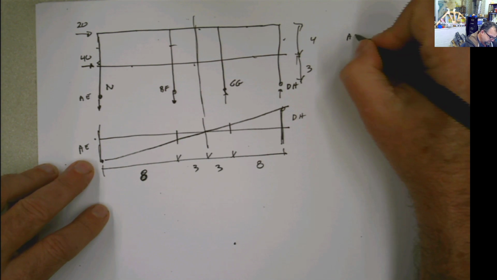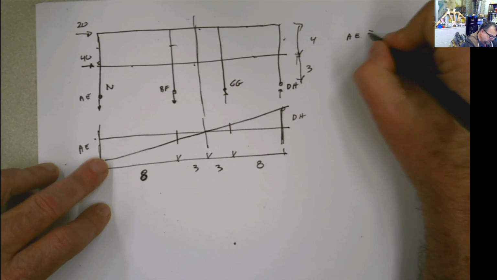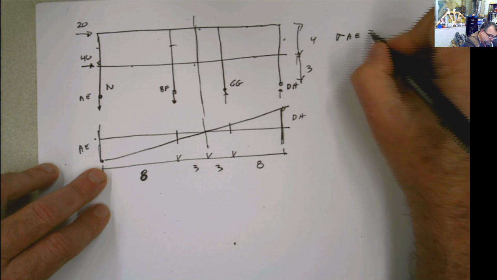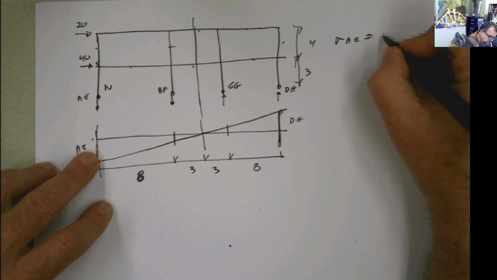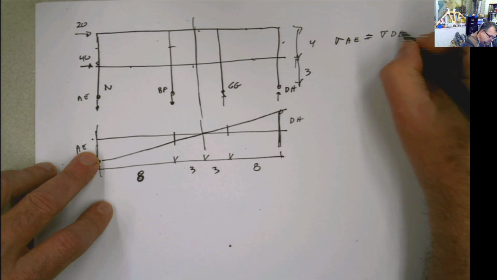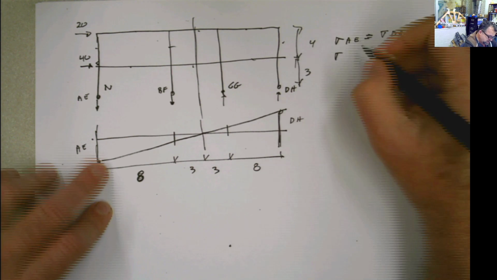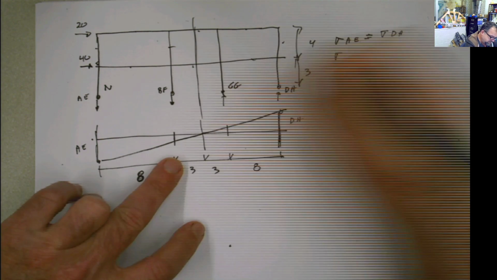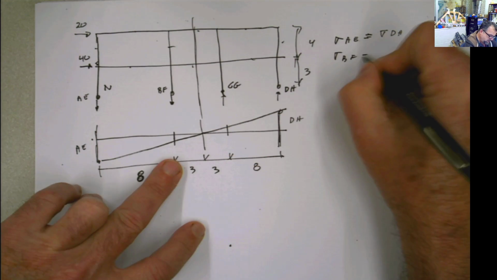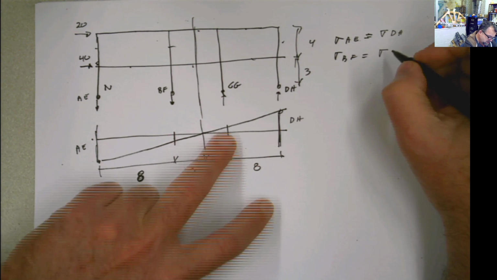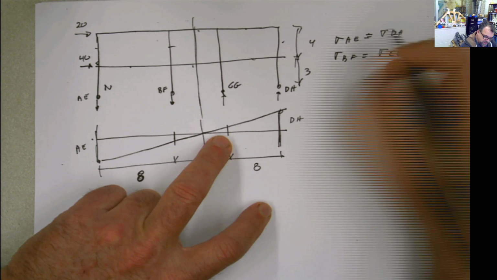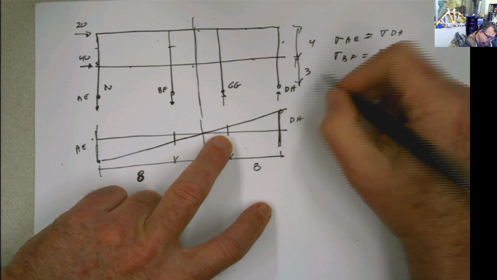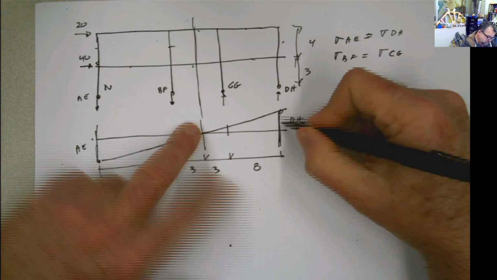AE, the stress, I'm going to reinforce this, the stress at AE has to be equal to the stress DH, the stress BF has to be equal to the stress CG, and this one we can do the same thing.